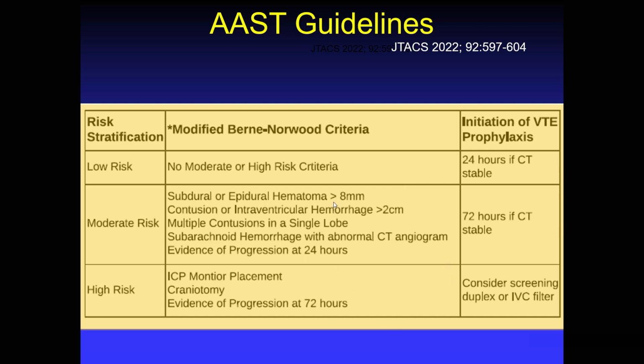And note again that if you don't have an epidural or a subdural greater than 8 millimeters, or a contusion greater than 2 centimeters, or intraventricular hemorrhage greater than 2 centimeters, or multiple contusions or subarachnoid hemorrhage, or evidence of progression, then your low risk chemical DVT prophylaxis can be started after 24 hours with a stable head CT.